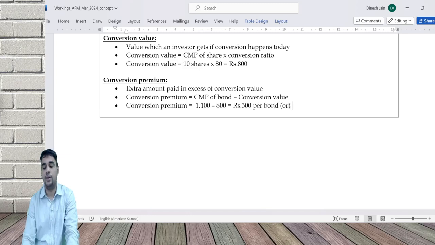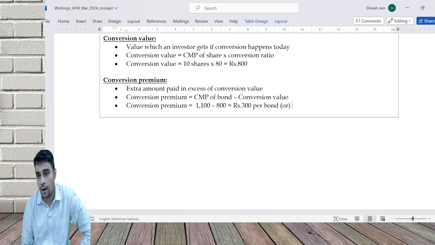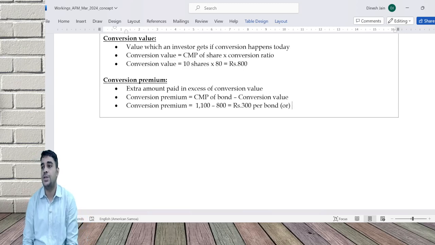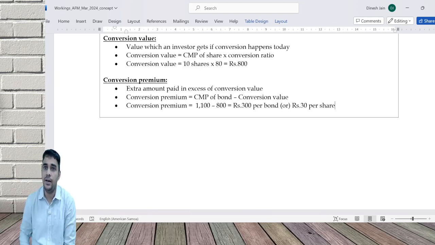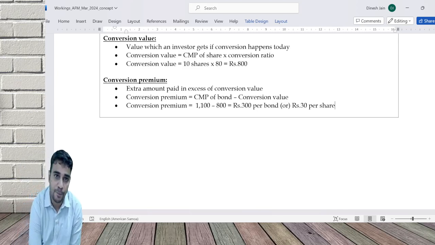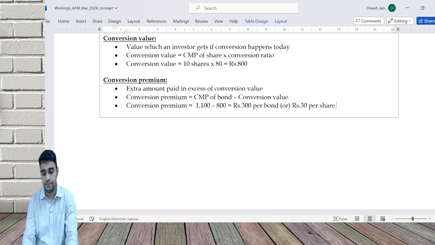One bond is how many shares? So divide by 10. 30 per share. At a per share level, you are paying an extra 30 rupees. Or this extra 300 divided by 800.